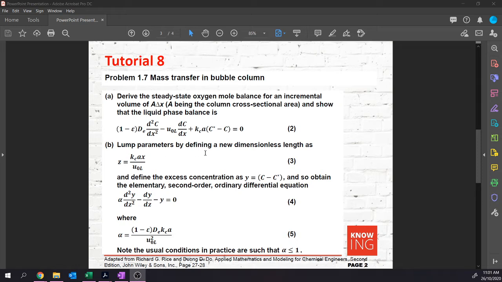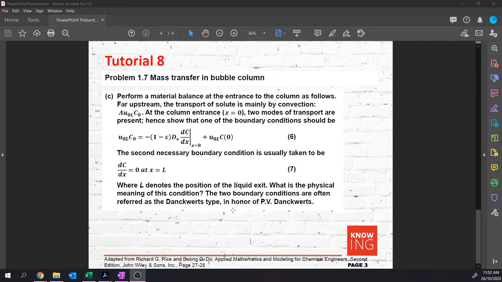Lump parameters by defining a new dimensionless length as this, and define the excess concentration as y equals C minus C star, and so obtain the elementary second-order ordinary differential equation 4, where equation A equals this. Note the usual condition in practice are such that A is less than 1.